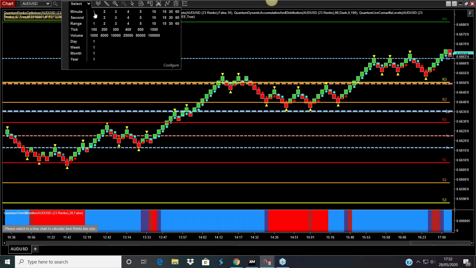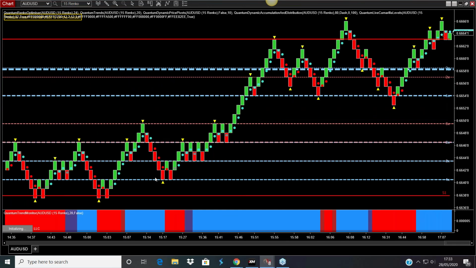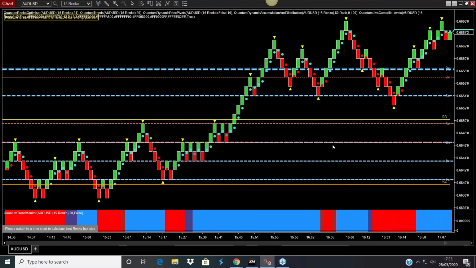If I click the 1-minute chart here, the indicator calculates what the brick size is for this particular time frame. The Renko is nothing to do with time. It's simply the number of pips that have to go through before a brick completes, or a little candle, as we have here. At the moment, each one will complete at 1.5 pips.